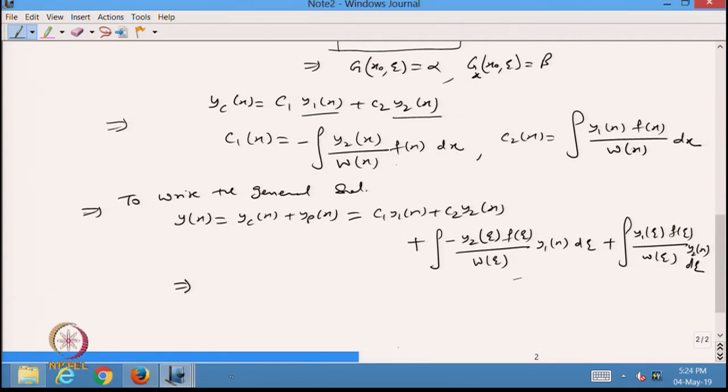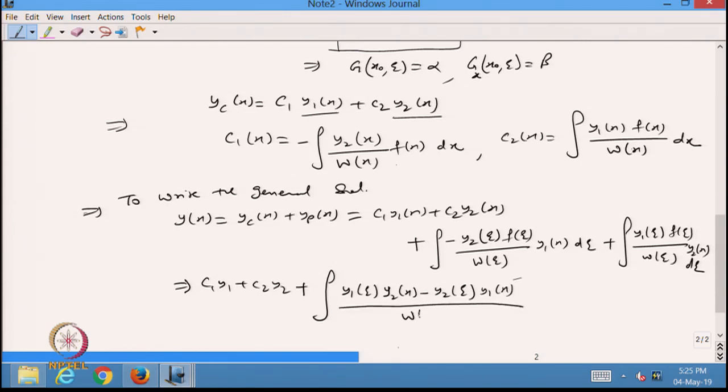So from here this is equal to c1 y1 plus c2 y2 plus, and this integral I can write as y1(xi) y2(x) minus y2(xi) y1(x) divided by the Wronskian, times f(xi) d xi. So this is my solution.